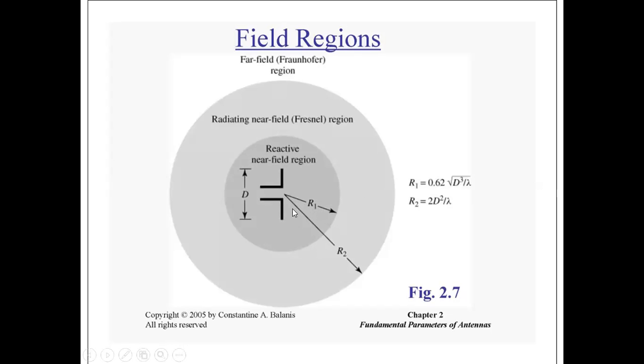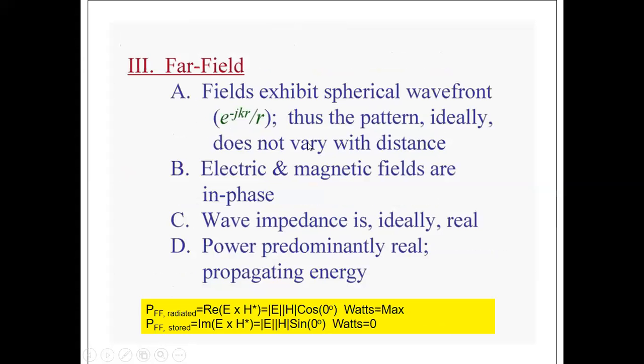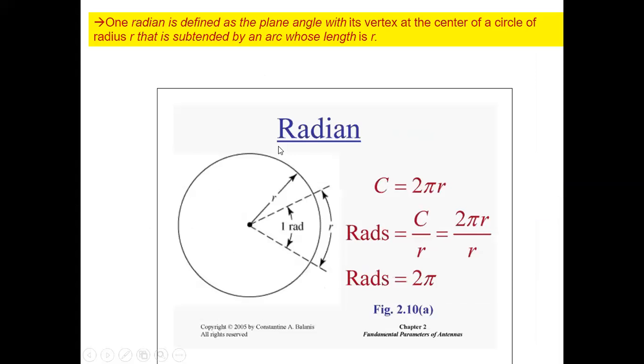So less than R2 is called the near field and more than R2 is called the far field. Right? These are the two field regions. Based on that, we have certain observations on how the field will be in the near and far directions. See, this is the near field and this is the far field.